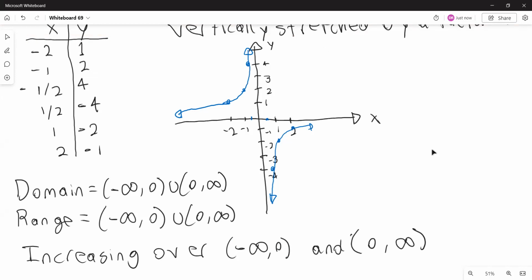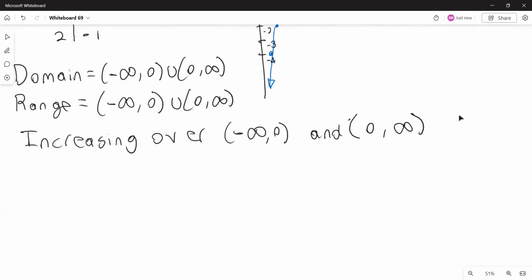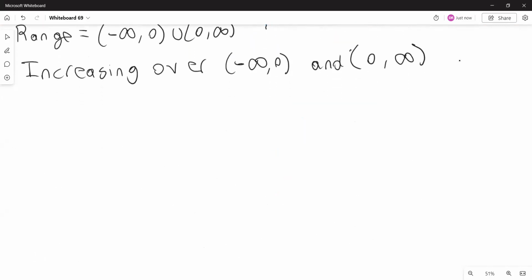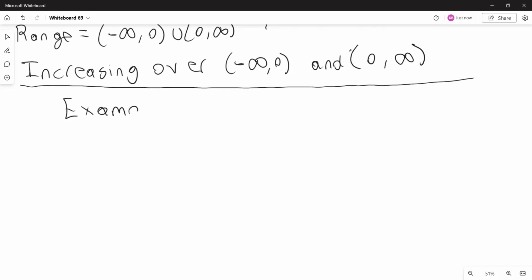Okay, next example. Let's now take the function f of x equals 3 over x minus 2. We have the same questions as before.